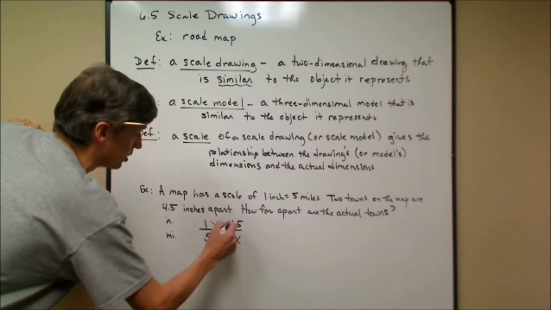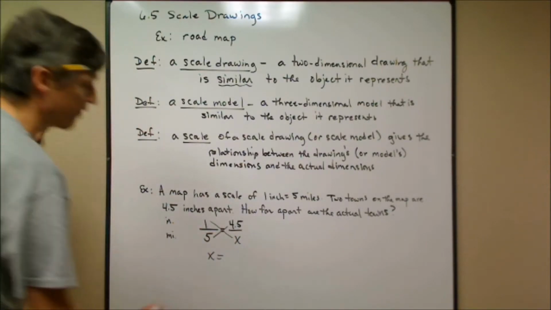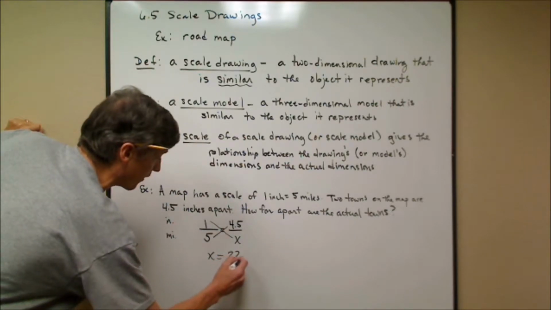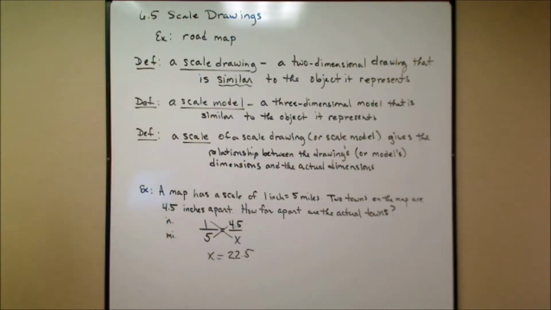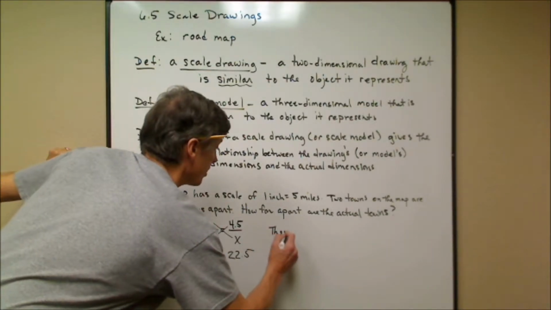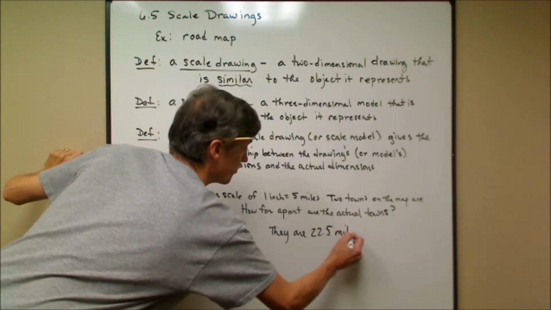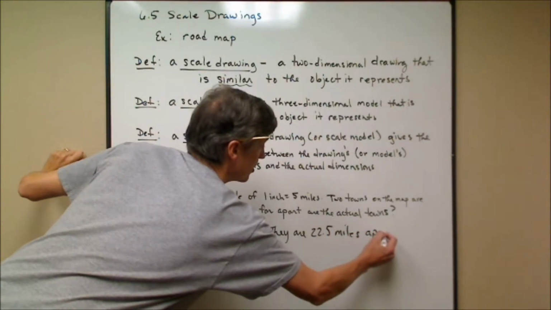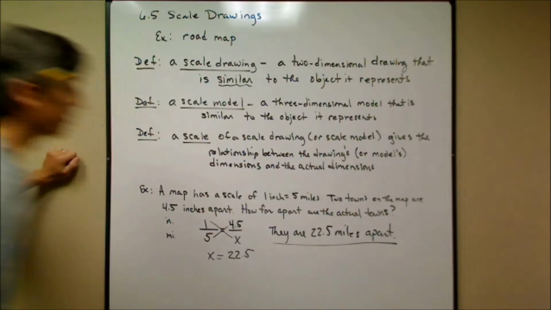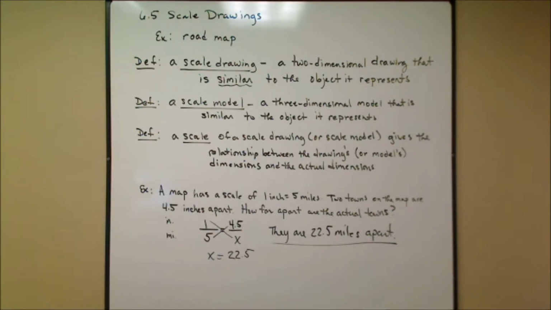I get x equals, now 5 times 4.5 turns out to be 22.5. You can double check the arithmetic, but that's it. Now how far apart are the actual towns? They are 22.5 miles apart. Okay, and we solved a problem using the proportion.